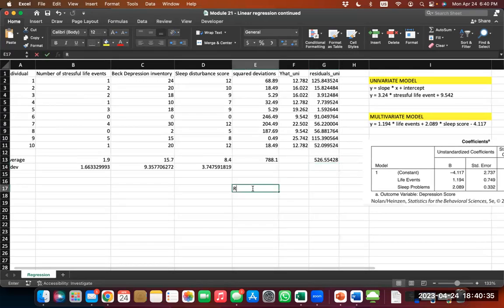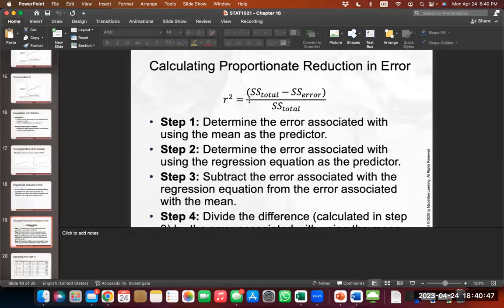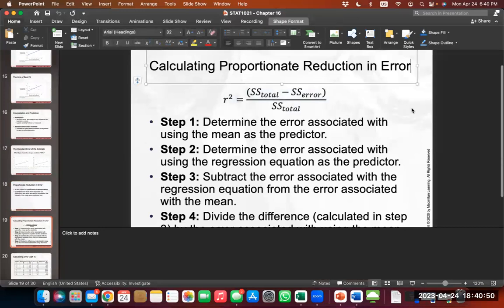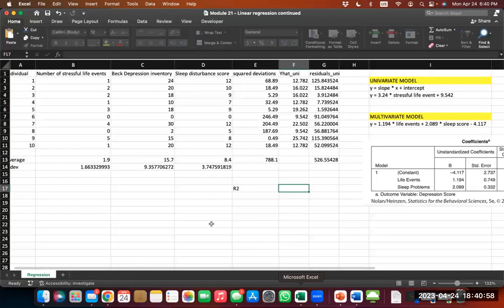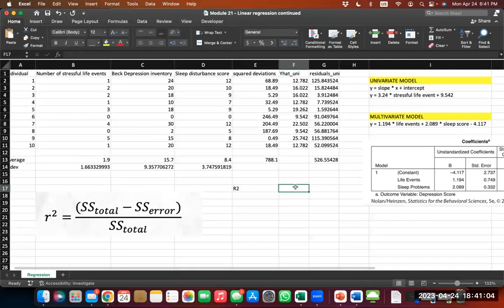As we have determined last class already, we can carry this formula over. Let's bring this formula here. The coefficient of determination is the sum of squares total minus the sum of squares error, divided by the sum of squares total. So R squared equals sum of squares total minus sum of squares residuals divided by sum of squares total.